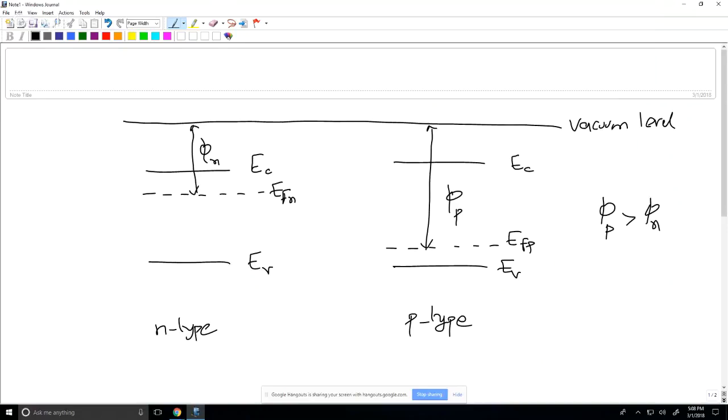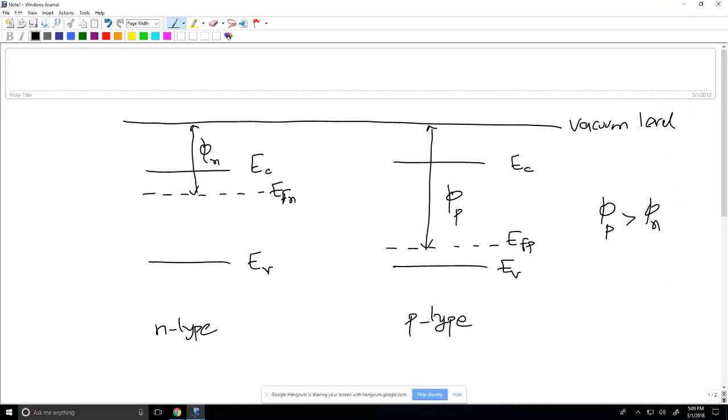So these are basically energy band diagrams of metals and semiconductors separately. But the moment we talk about junctions, it is important for us to see what happens when we bring these together. Whenever we bring a metal and a semiconductor together, or two semiconductors together, we form junctions.